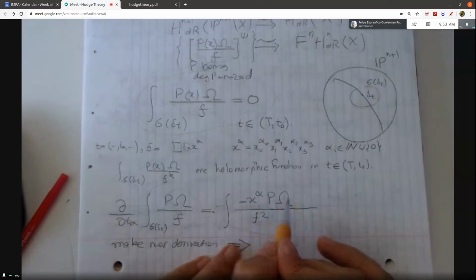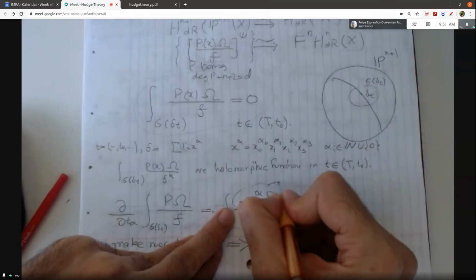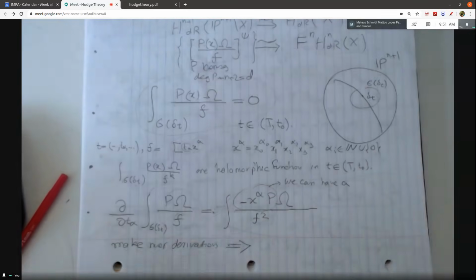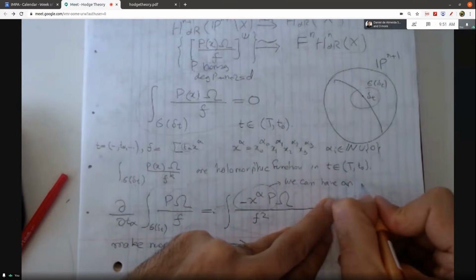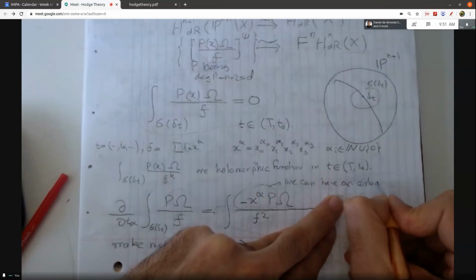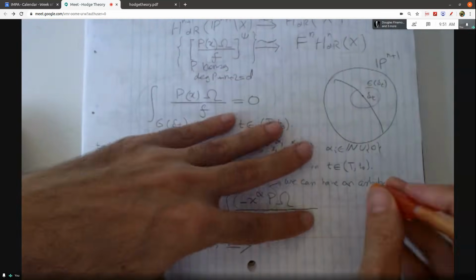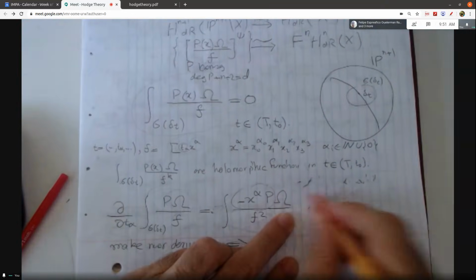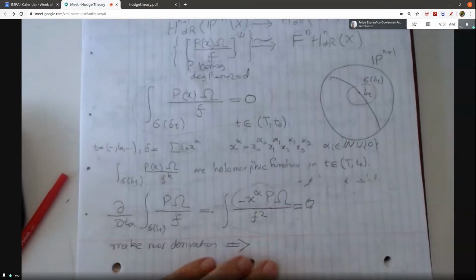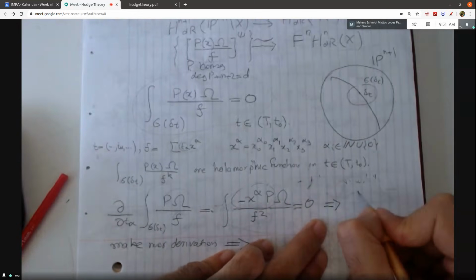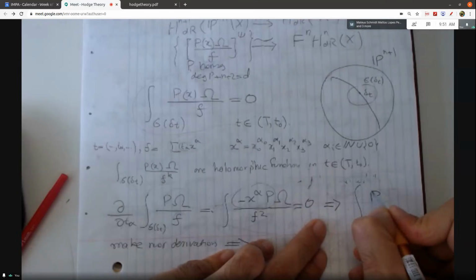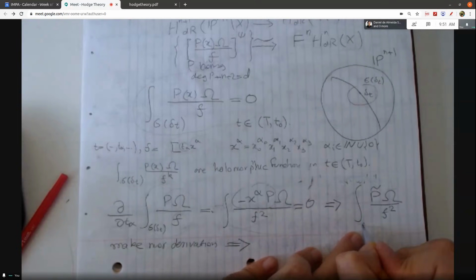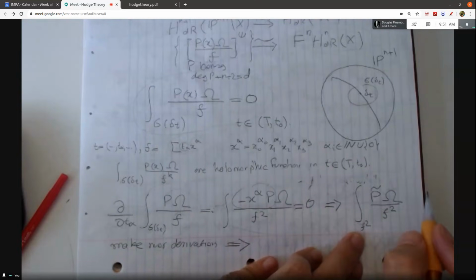So here, the idea is that we can have an arbitrary, maybe I write it in this way. This will be identically zero, and this will imply that at the end, all these integrals of p tilde omega are zero.